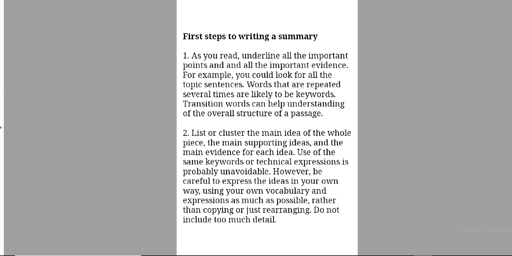In this way, you can look for the topic sentence. Some words are repeated many times, and whatever words are repeated many times, we also have to underline. Keywords and transition words we can also understand, because when we read and underline all these things, it will help us.